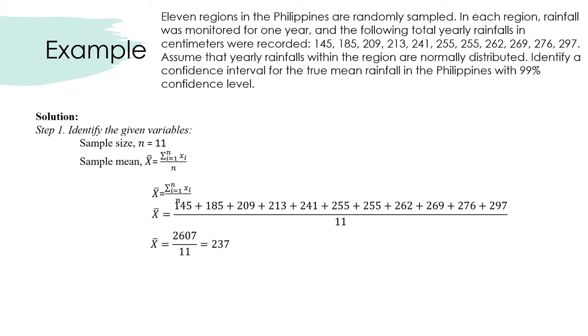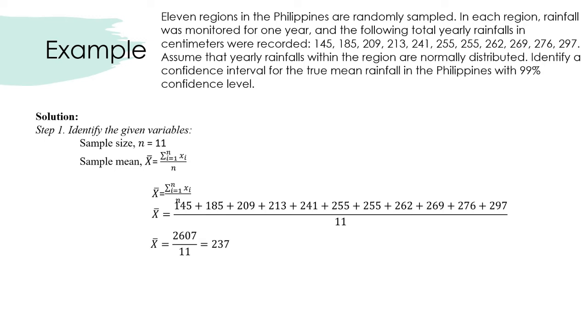That is 145, 185, 209, 213, 241, 255, 255, 262, 269, 276, 297. Assume that the yearly rainfalls within the region are normally distributed. Identify a confidence interval for true mean rainfall in the Philippines with 99% confidence level.